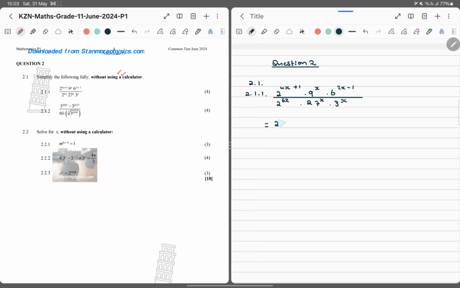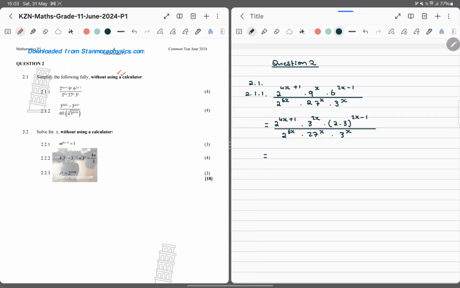So this is going to be 2 to the exponent 4x plus 1 times 9 is 3 squared. So this is 3 to the 2x times here. This is basically 2 times 3, all to the exponent 2x minus 1, divided by 2 to the 6x times 27 to the x times 3 to the x.